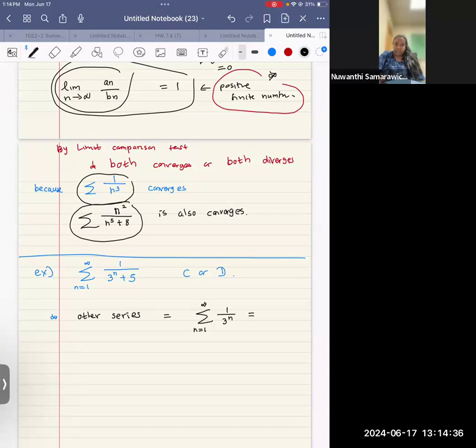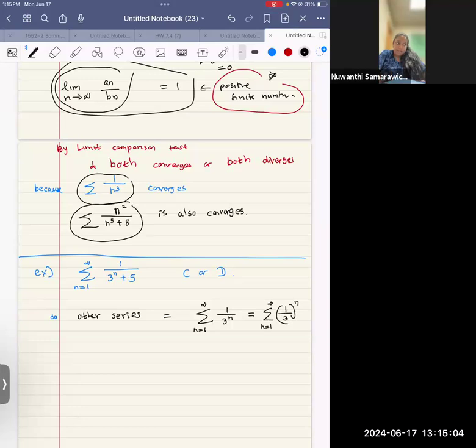We have done the same question. Can you identify? Geometric series. So this is a geometric series.